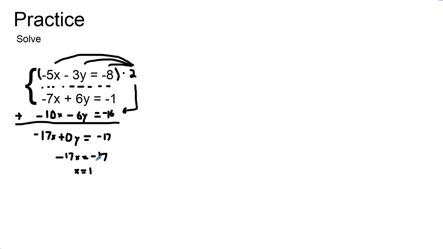So now that I have x, I can take it and put it into either one of these two equations. The original ones, of course. I think I'm going to plug it into the bottom one. So if I do that, I get negative 7 multiplied by 1 plus 6y equals negative 1.